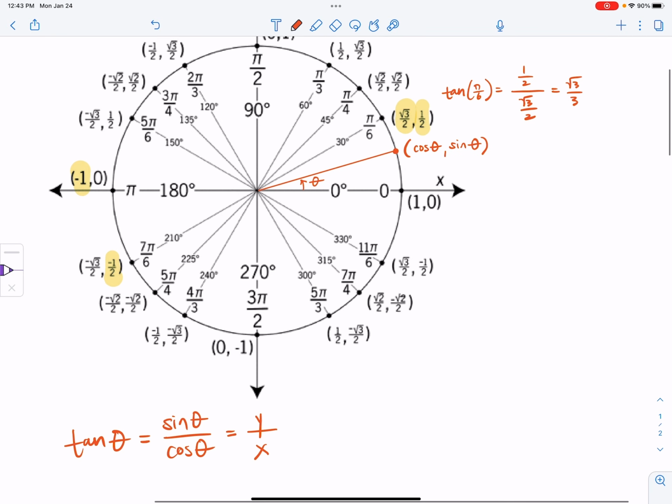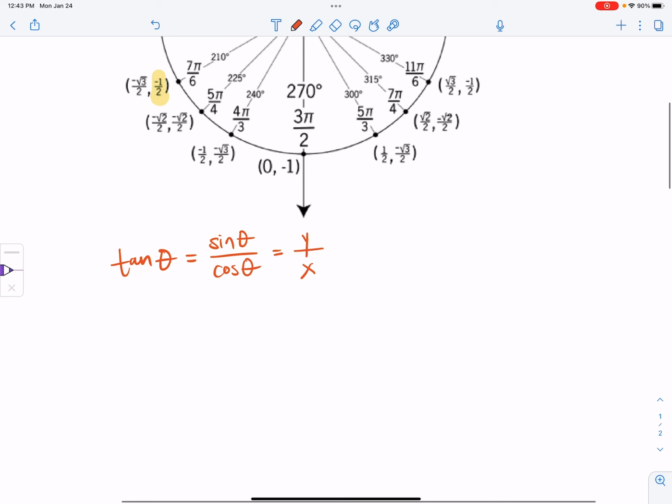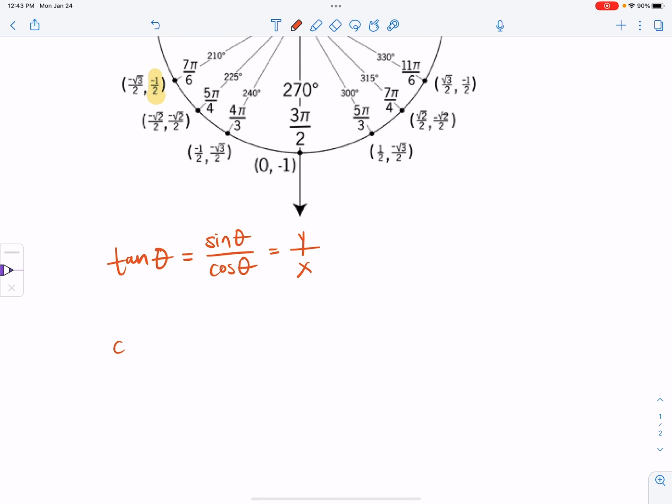And then the reciprocal trig functions, like the reciprocal of cosine, here, I'll write this down here. The reciprocal of cosine is secant, right? So secant of theta is 1 over cosine. So you can determine what cosine of an angle would be, and then the reciprocal would be the value of secant.